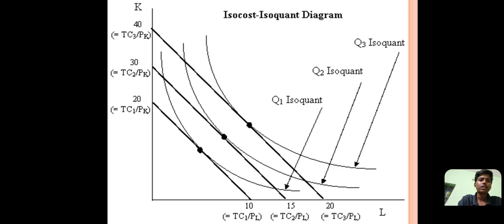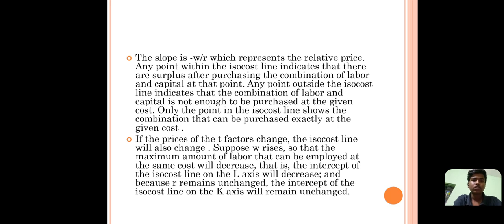Q1, Q2, Q3 are three curves which represent the isoquants, and the straight lines represent isocost lines. The slope is minus W by R, which represents the relative price.